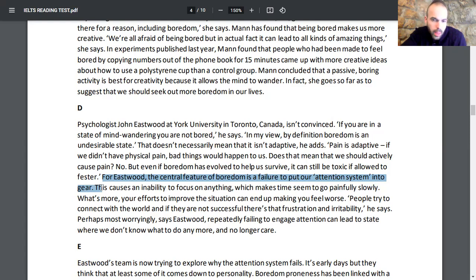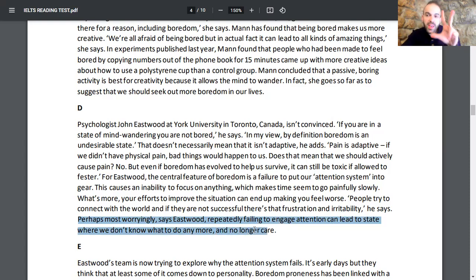If you continue reading, it says, perhaps most worryingly, says Eastwood, repeatedly failing to engage attention can lead to a state where we don't know what to do anymore and no longer care.